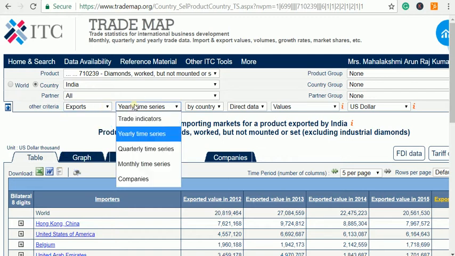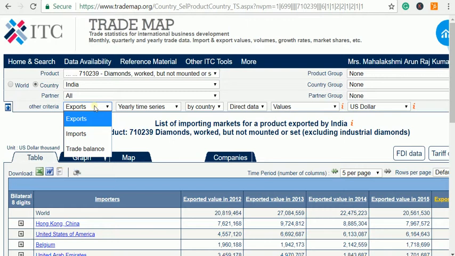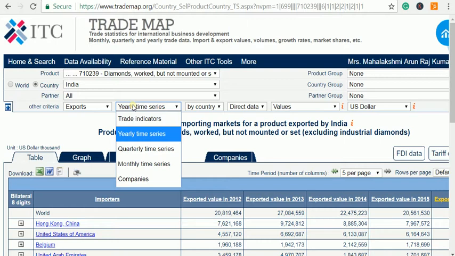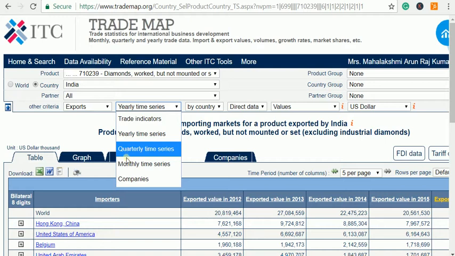Here you can choose exports because we are going to study the past performance of a product in exports. Here you can choose either trade indicators or yearly time series, quarterly time series, monthly time series. You can also check which companies are exporting the particular product from your country.